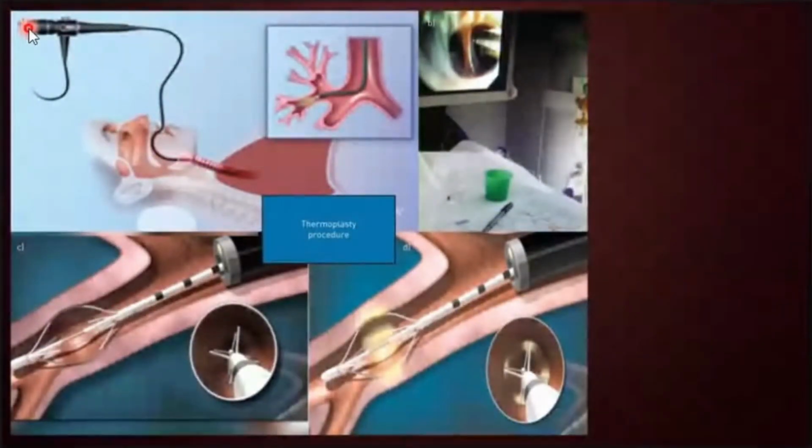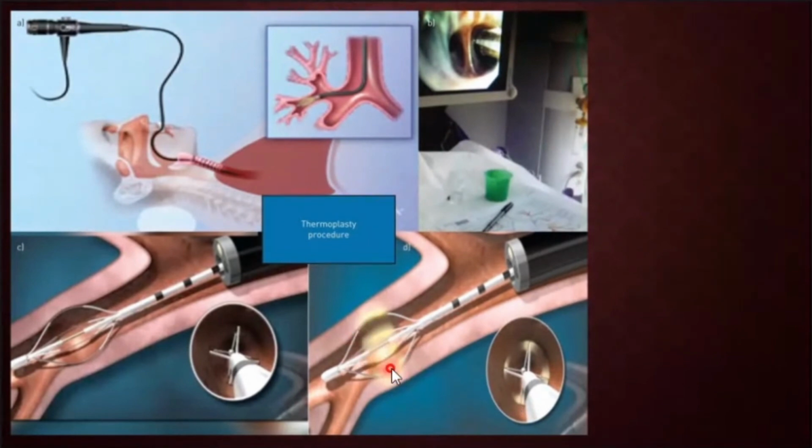So this is the bronchoscope. We use the bronchoscope and visualize the airways here. Once we visualize the airway, we push the scope as far down as it can go. Then through the working channel of the bronchoscope, we push out the catheter. This is how it would look bronchoscopically. Then we expand the catheter and apply radiofrequency and heat.